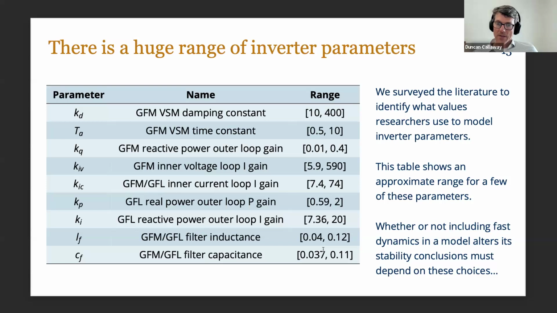And so this brought us to the conclusion that whether or not you're thinking about including fast dynamics in your simulation, and whether or not including those fast dynamics would alter the kinds of conclusions you might make in something like small signal stability or in investigating your transient dynamics, we hypothesized at least that it must depend on what choices you make for the parameters, because there's just such a broad range here and implying very different timescales of control loop application.